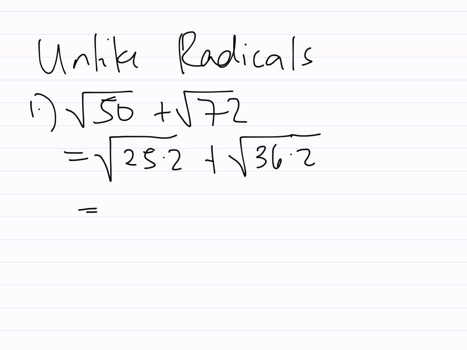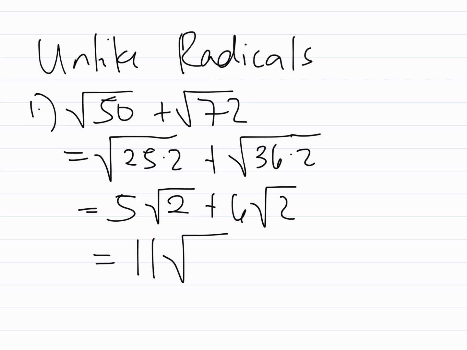So the square root of 25 is 5, then square root of 2, plus the square root of 36 is 6, then square root of 2. Since they are now like radicals, we can add them by combining the base. So 5 plus 6 is 11 square root of 2. So that is now the final answer.